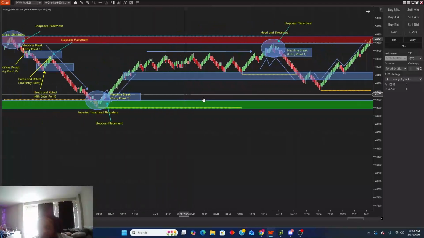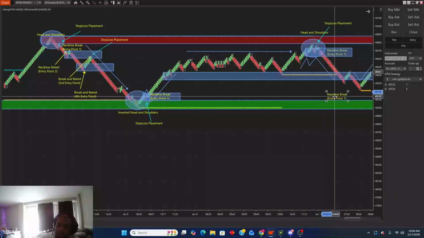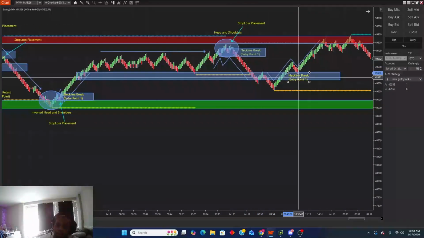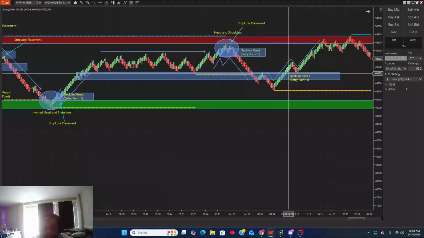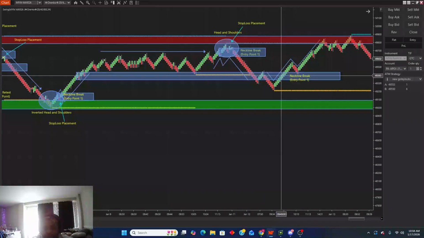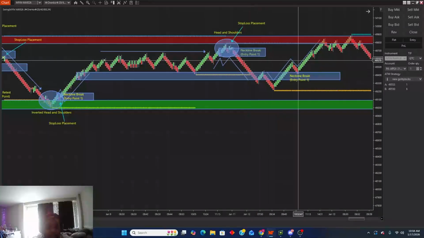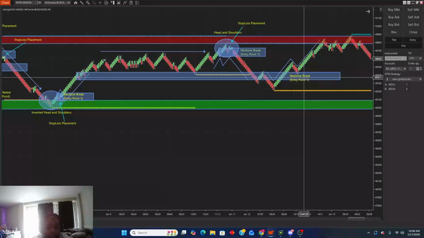Right? Neckline break. You can either count this as a W right here or inverted head and shoulders. Head, left shoulder, right shoulder, right? I'm counting this as a W.